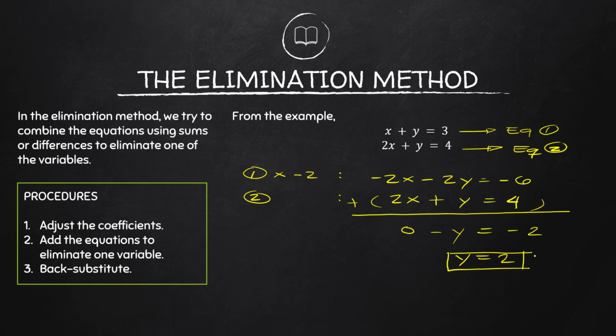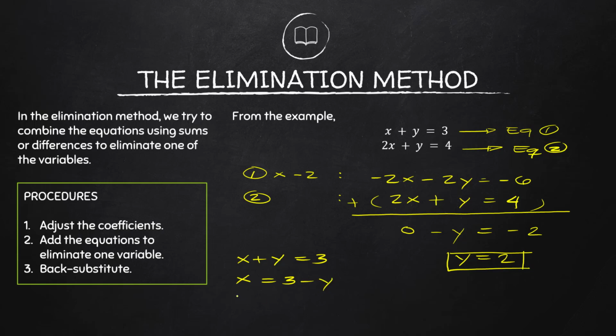The third step is the same, to back substitute. Let's say we substitute the value of y equal to 2 in the first equation. So we have x plus y equal to 3. To solve for the value of x, we transpose the value of y to the other side of the equation. We copy this side, 3, and then transpose negative y.